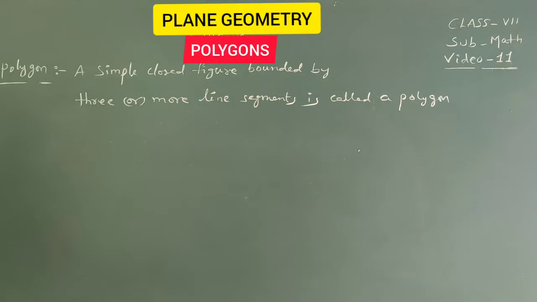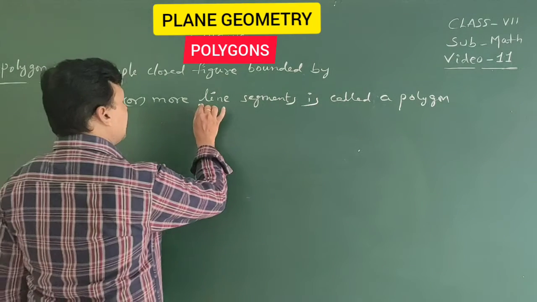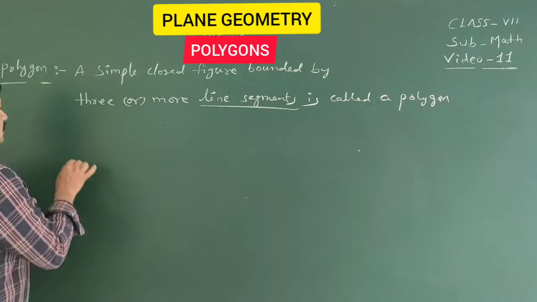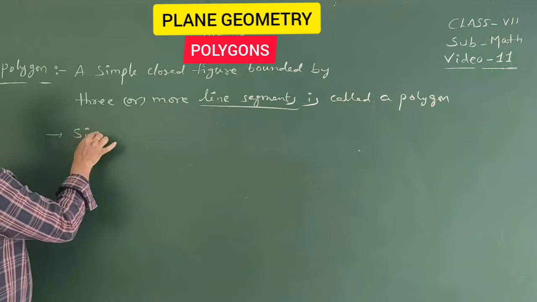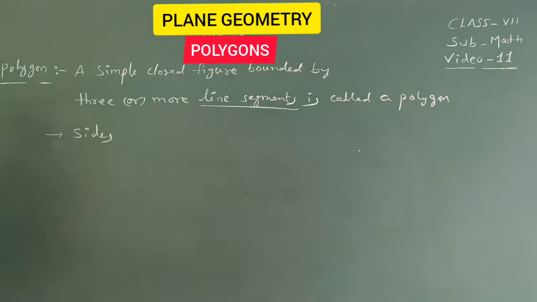I'll write the definition. A simple closed figure bounded by three or more line segments is called a polygon. Here, these line segments are called its sides.